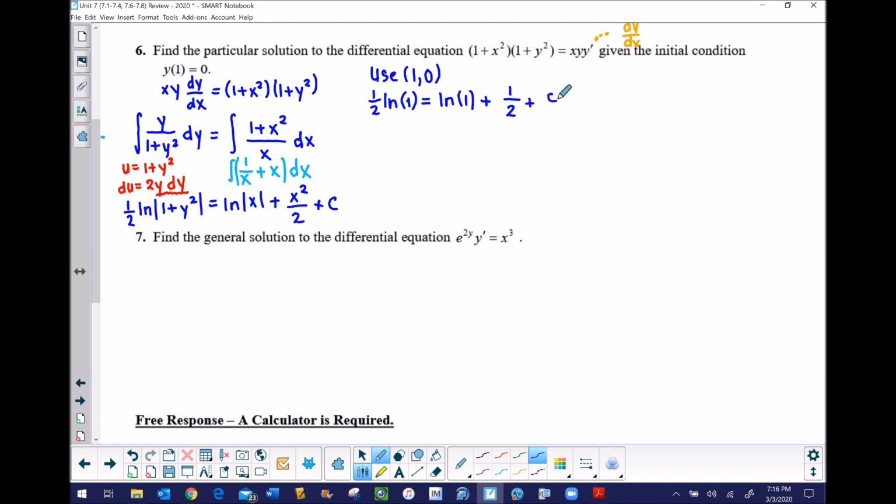So when we dive into this, we find out that this is going to be 0. So when you solve for c, you get c equals -1/2. And if this is a free response question, you've just picked up another point.